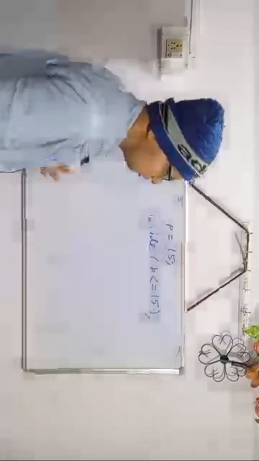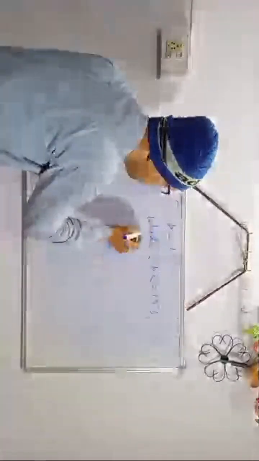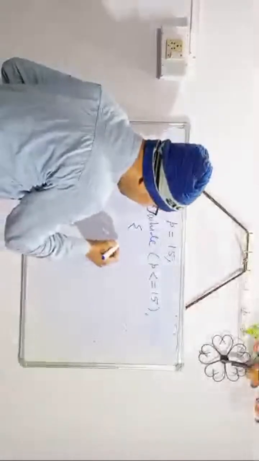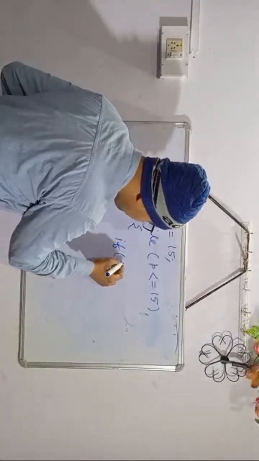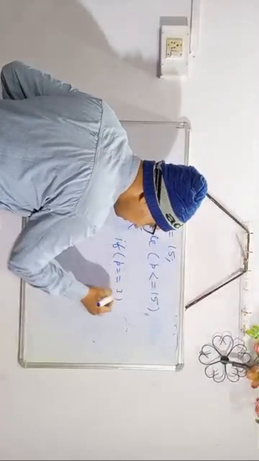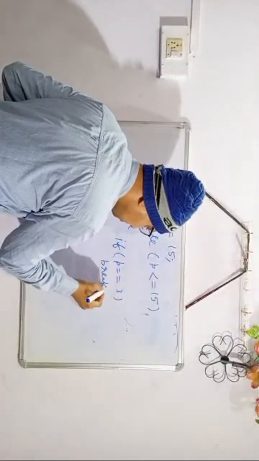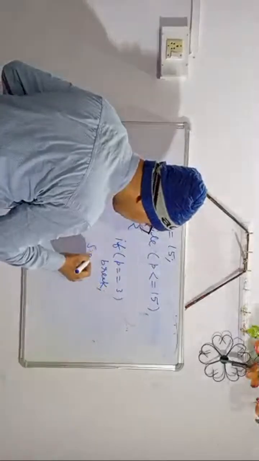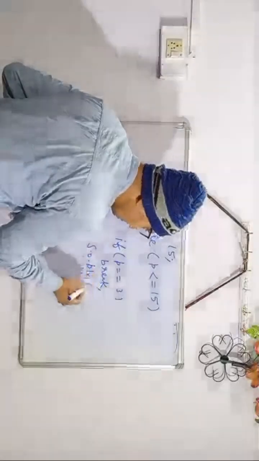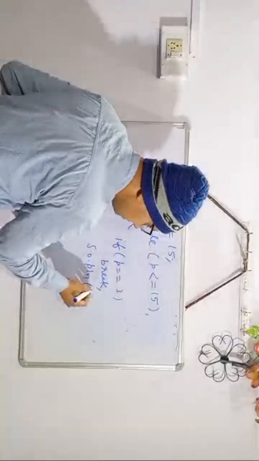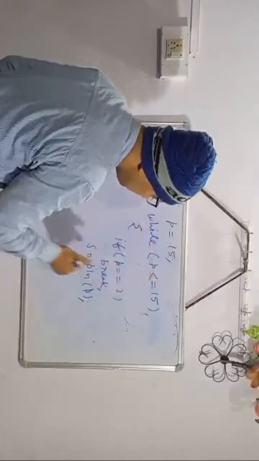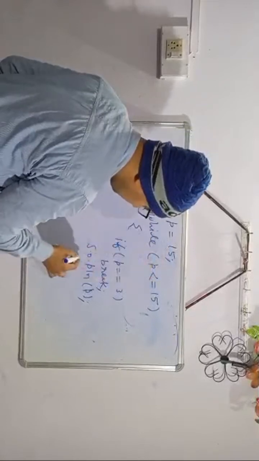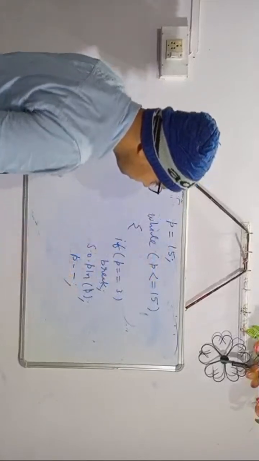Here we put a condition: if p is equal to 3, then break. Otherwise, system.out.println, p is printed, and every time we decrease the value with p minus minus.